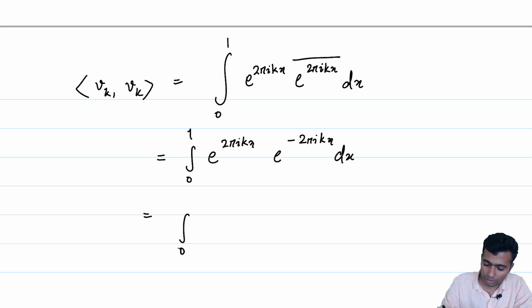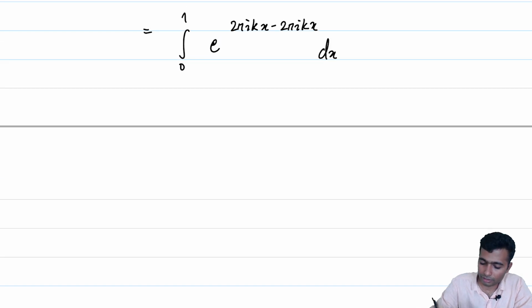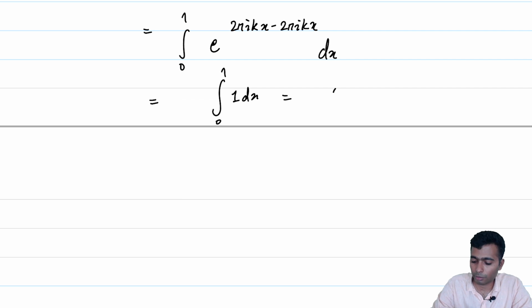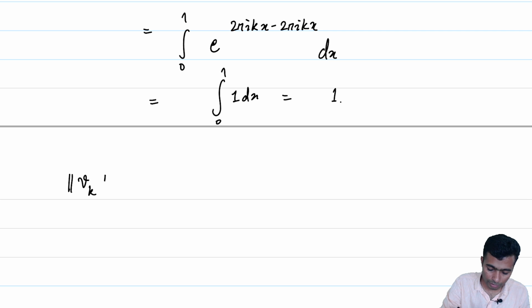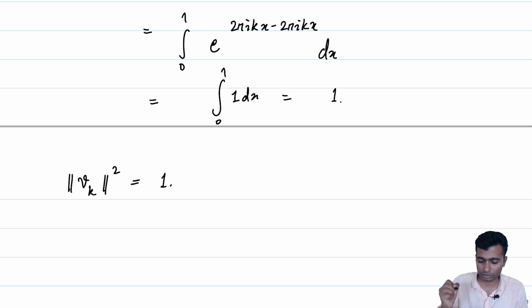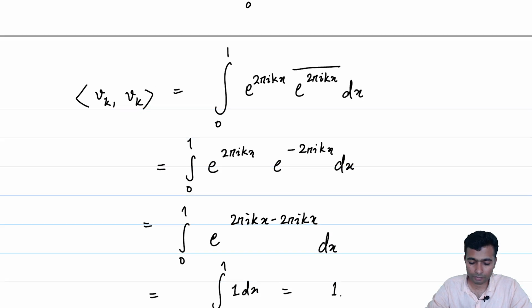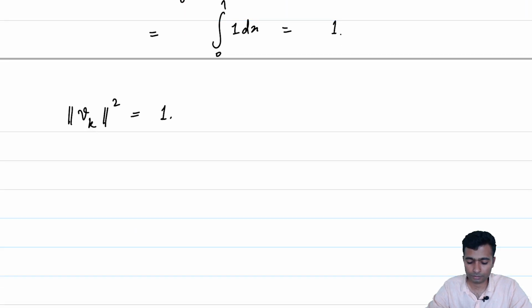And this will be e to the power 2 pi i k x minus 2 pi i k x dx, which is e to the power 0, which is the integral of 1 dx, where the limits are from 0 to 1, which will just turn out to be 1. So the length of vk squared is equal to 1. So this is already a unit vector, it's normalized.